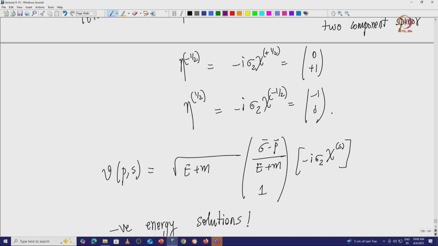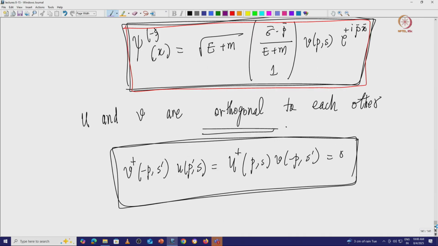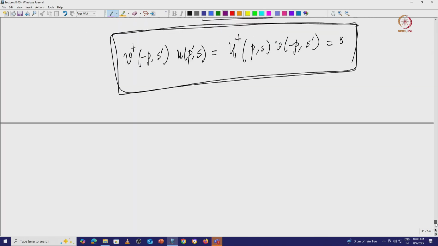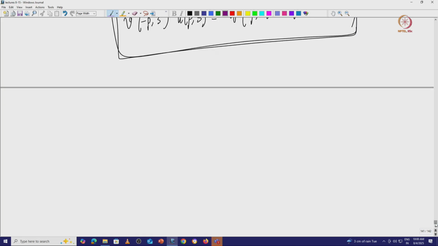Okay, very good. So we will continue looking at some properties of the solutions of the Dirac equation.